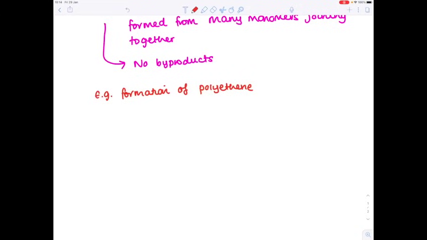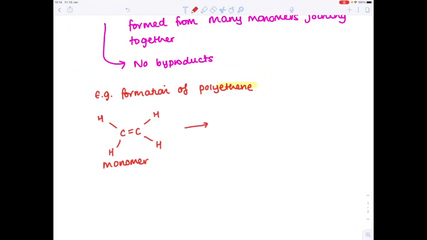So because it's addition polymerization, you need a monomer, which in this case is ethene. Remember that ethene has 2 carbon atoms and it is unsaturated. There's a very specific way of drawing the equation for how this is formed.